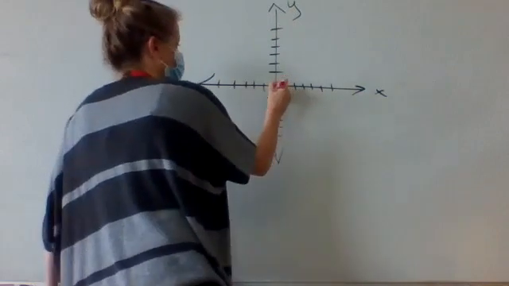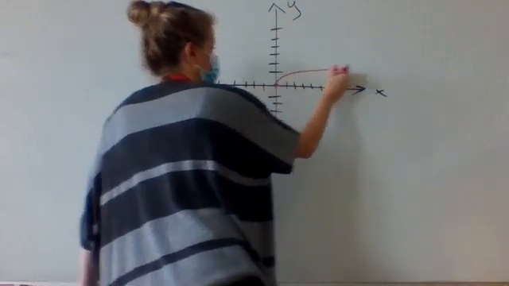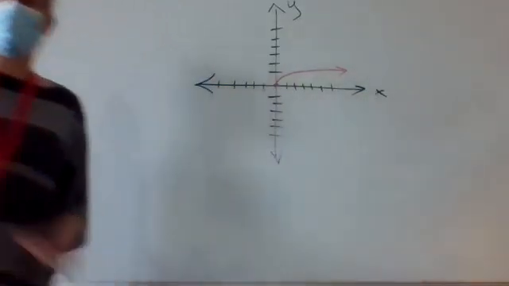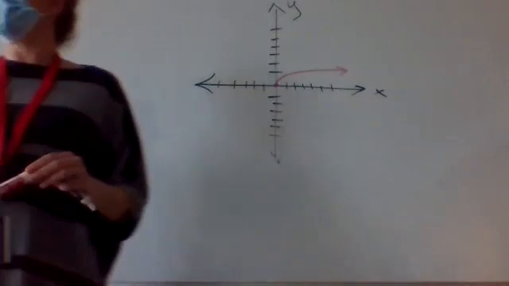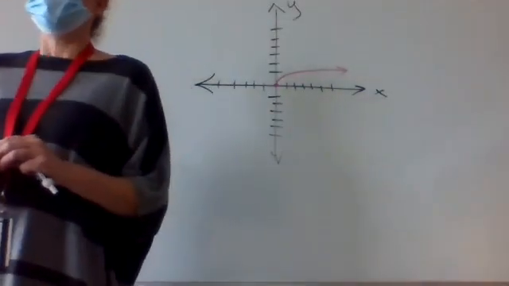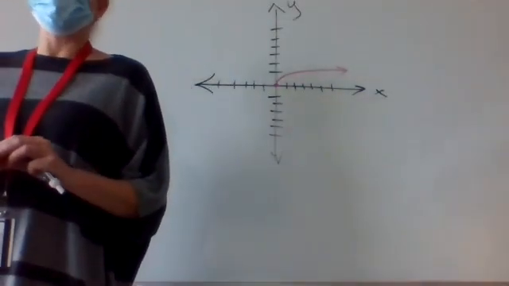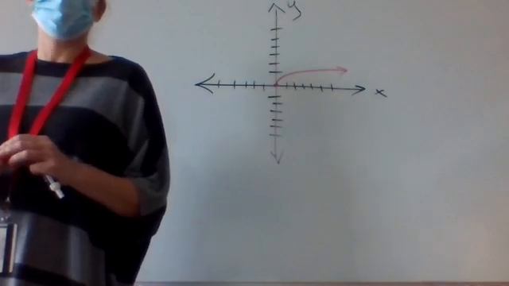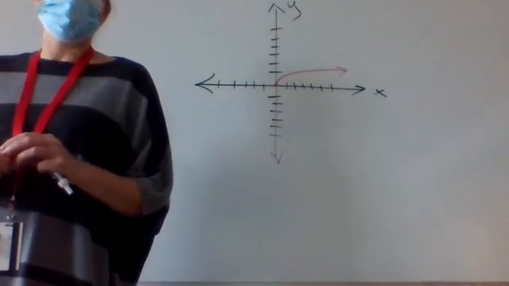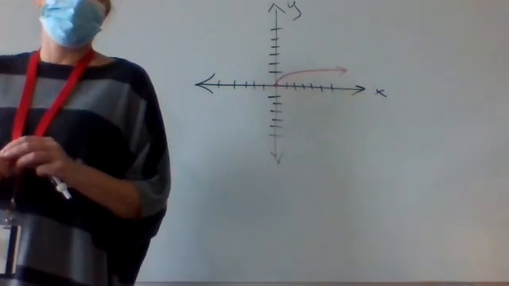Right, just the standard square root looks like that, okay? It's still going to have the same kind of shifting rules and things like that, but what we're going to do with these is put them in our y equals and then check some points.